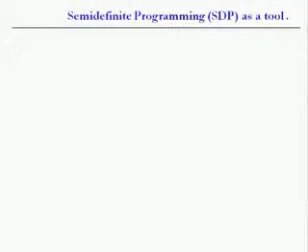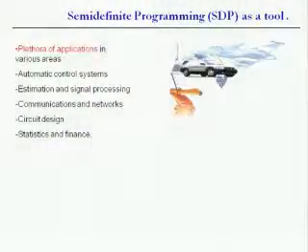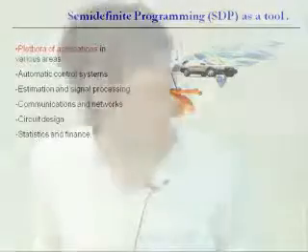And now semi-definite programming is basically a convex optimization problem that optimizes over the cone of positive semi-definite matrices. And it has been a major tool in fields like automating control systems, signal processing, communication networks, circuits, statistics, finance, and a long list.